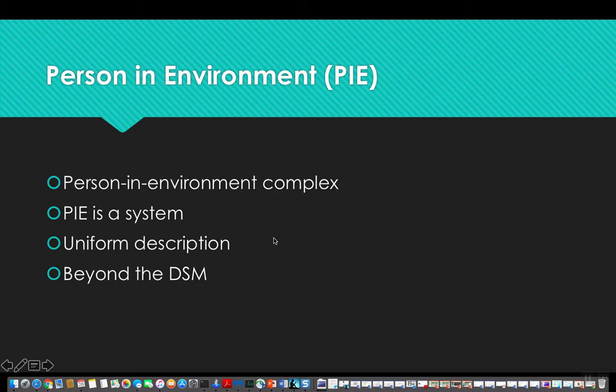So this model goes beyond the DSM, or the Diagnostic and Statistical Manual of Mental Disorders. This framework helps to systematically record, because the DSM is more of a disease-oriented system, that allows social workers to identify and record the social functioning of clients.